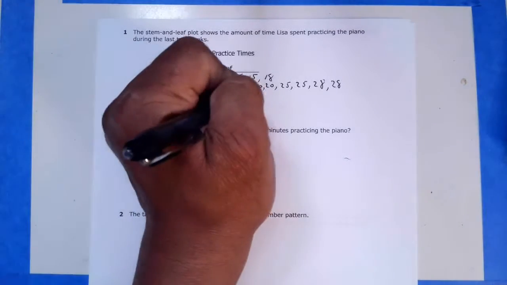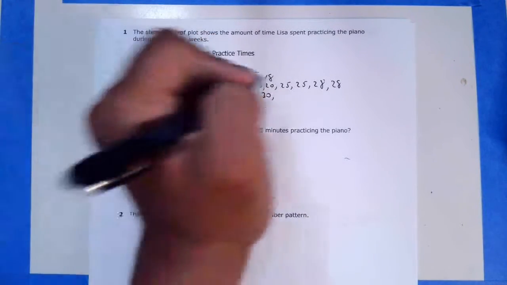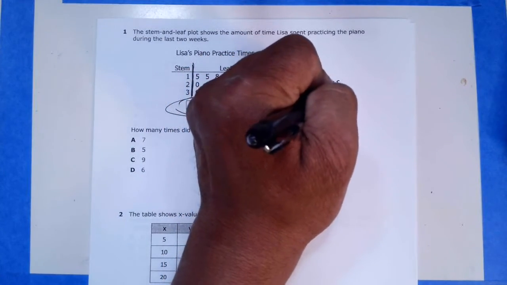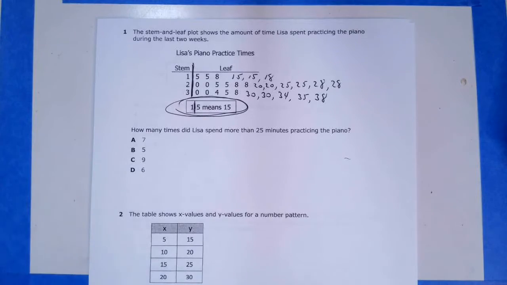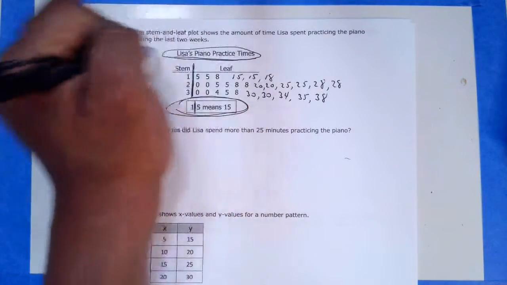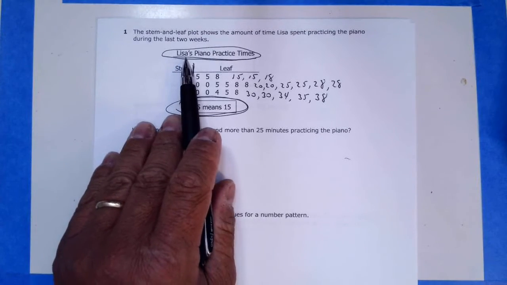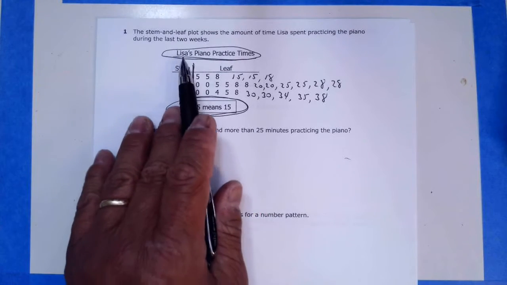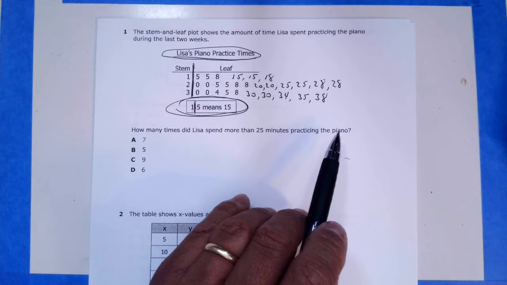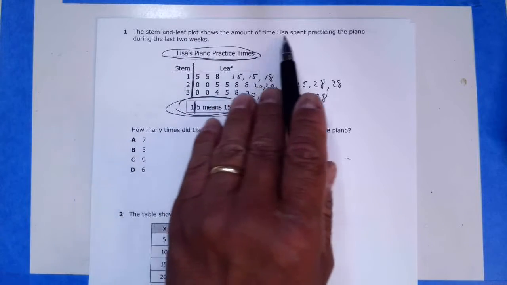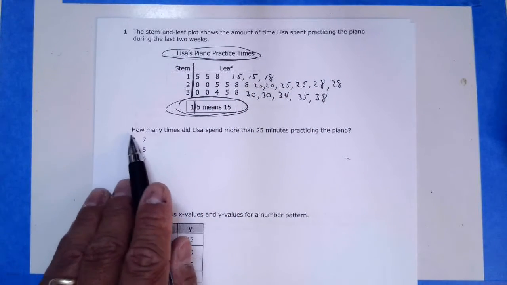And then on this one, I have 30, 30, 34, 35, 38. The other thing, this stem and leaf, remember, it's about Lisa's piano practice times. So this is the times she spent practicing during the last 2 weeks.